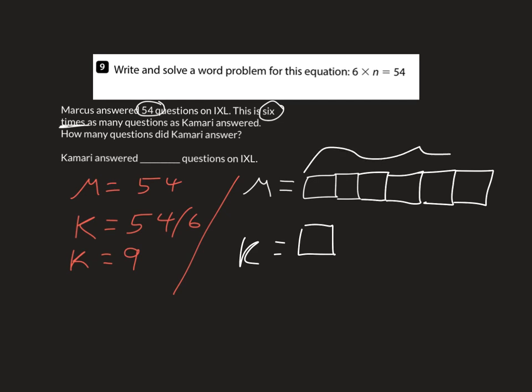The total here is 54, and 54 divided by 6 will give me a total of 9. And then we can see that the boxes are the same size. So Kamari answered a total of 9 questions on IXL. And this is 1, 2, 3, 4, 5, 6 times more than Kamari answered.